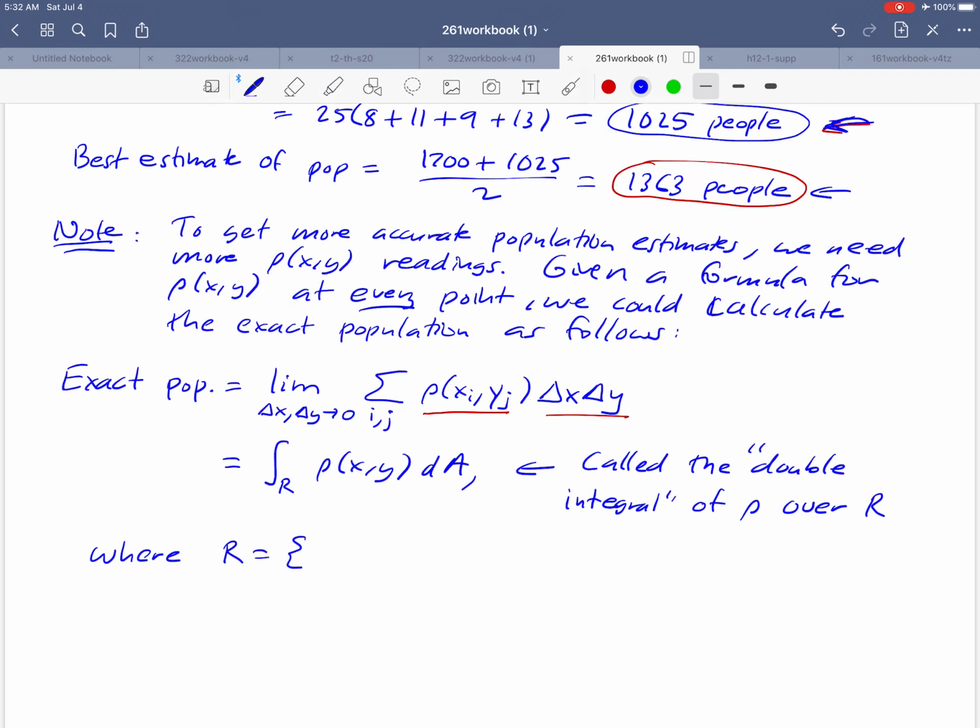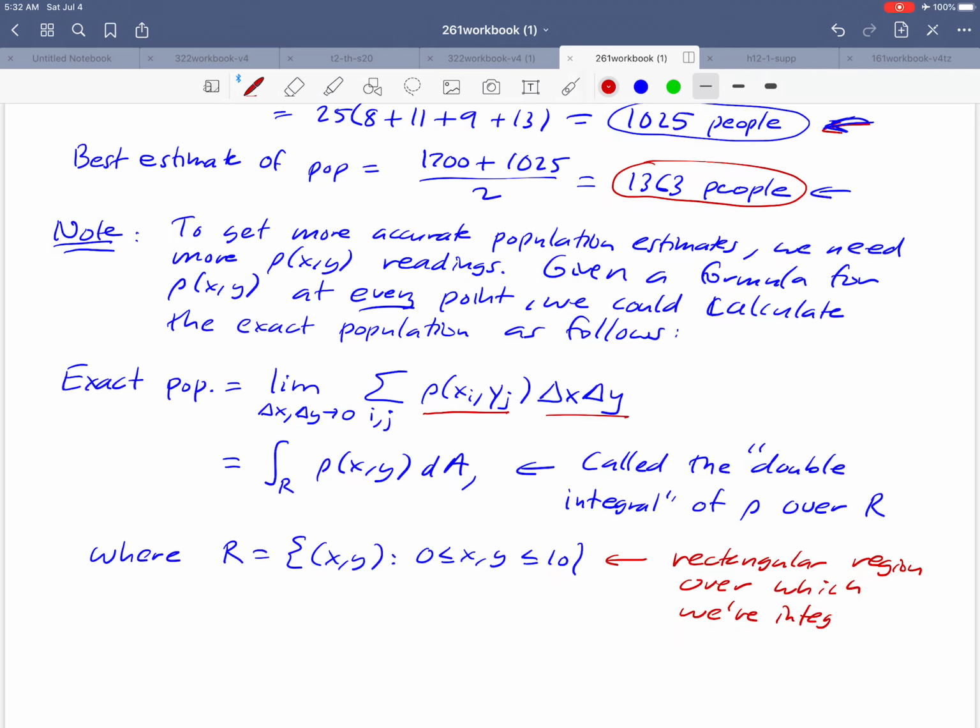R is just a name for the region that we're integrating over. Okay, and there it is. And so the rest of this section will be talking about how do we think about this integral and how do we estimate it, kind of the way that we did in this example.